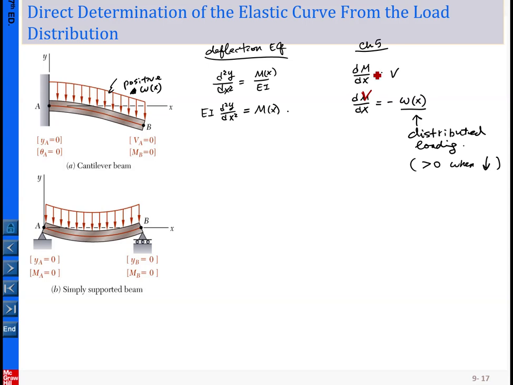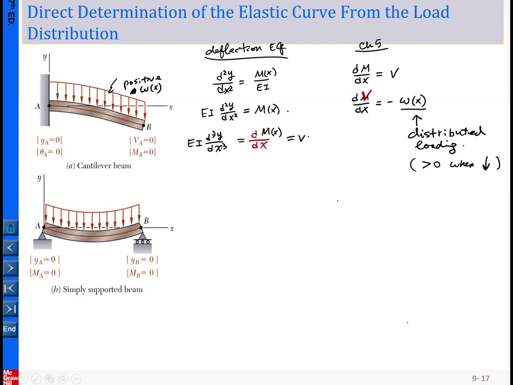The first one we observe: if we take the derivative of M equals V, I simply take the derivative of the bending moment. If this side takes a derivative, then the other side also takes a derivative, so that is three times of the derivations. From this side we know this one is equal to V.